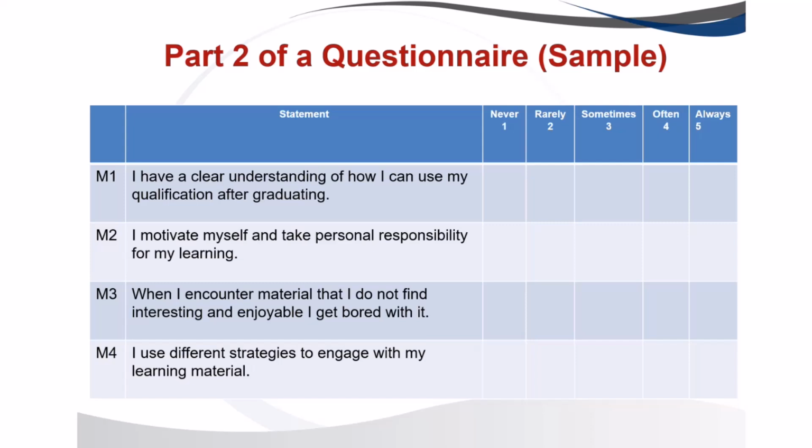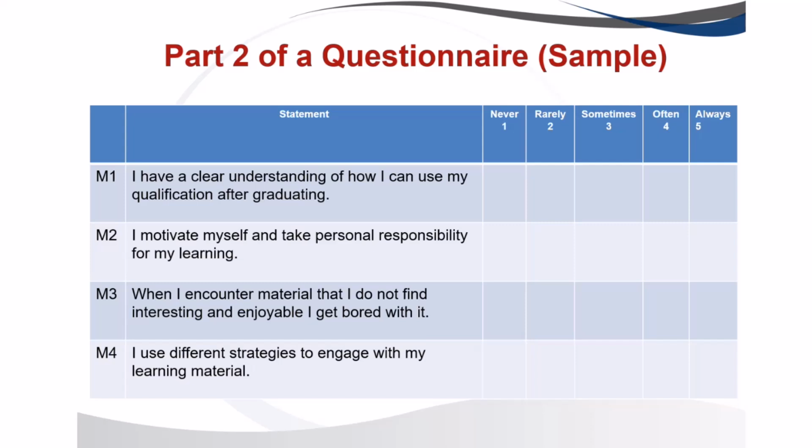Then when you look at the statement now, my participants are supposed to respond, they must choose one option as per the Likert scale. If you choose more than one for this M1 and this one and this one, the results are going to be spoiled. So you must choose one.